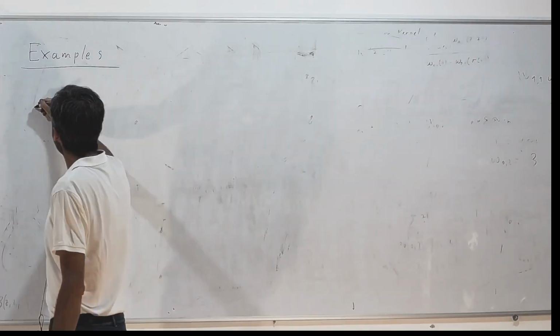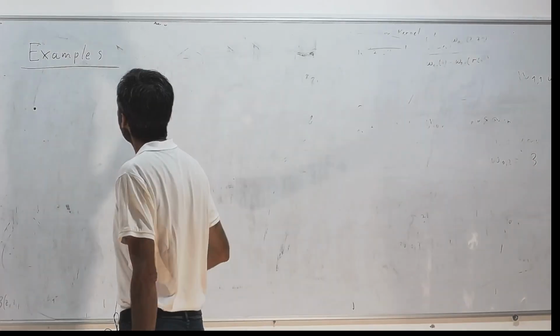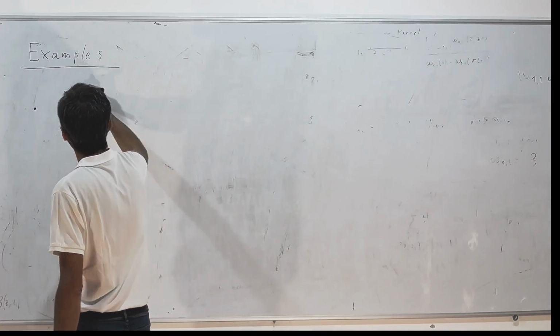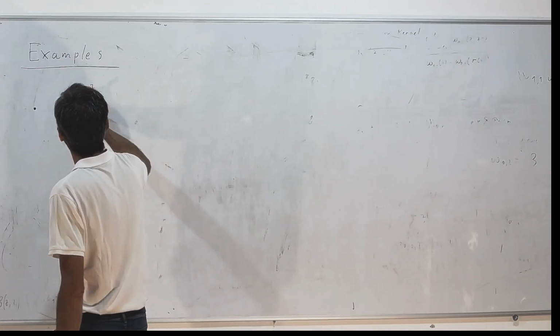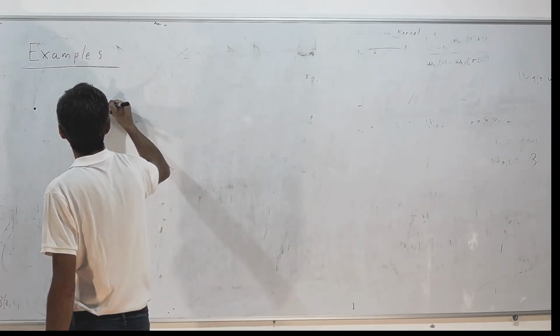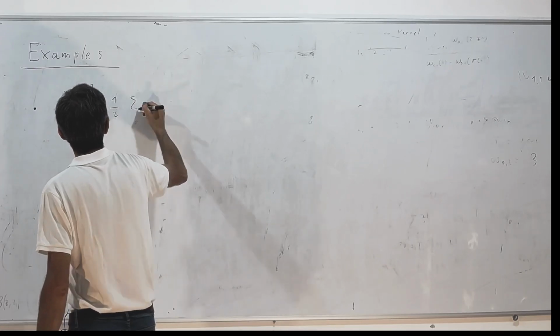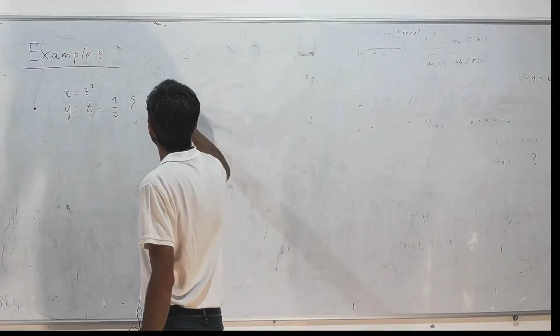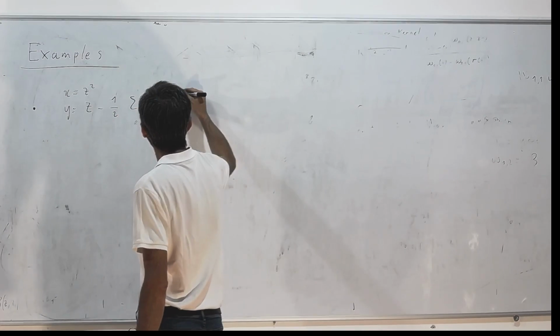I will start with this curve: x equals z squared, and y equals z minus 1/2 sum of t_k z to the k plus 2.